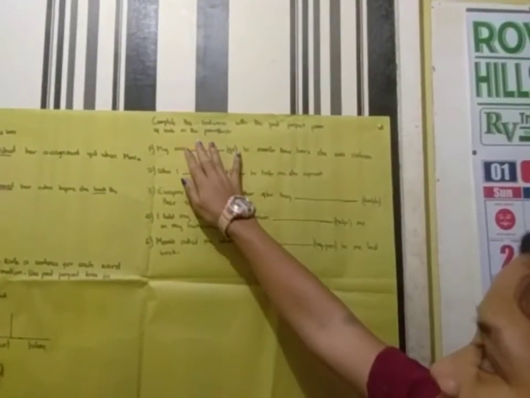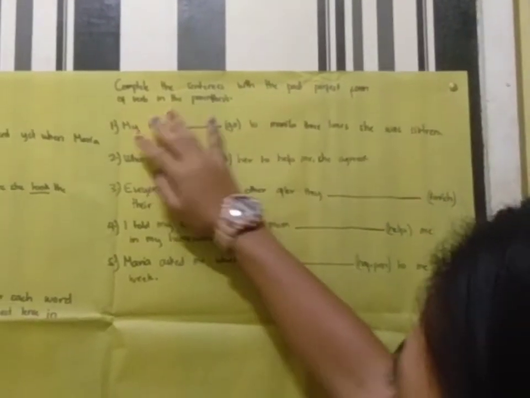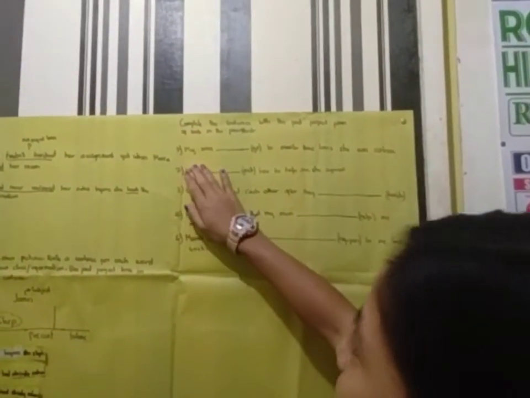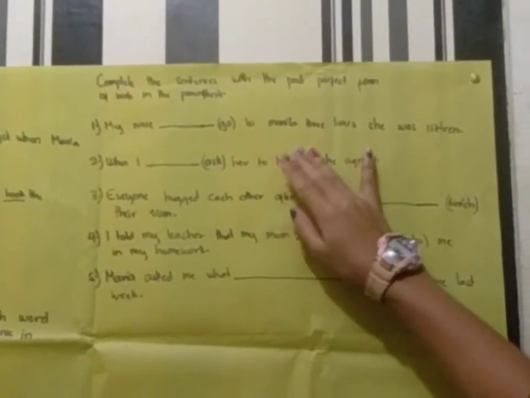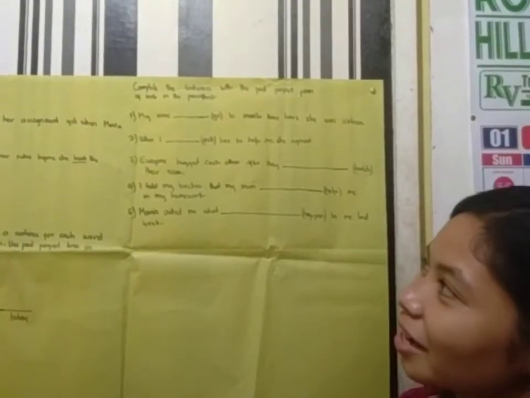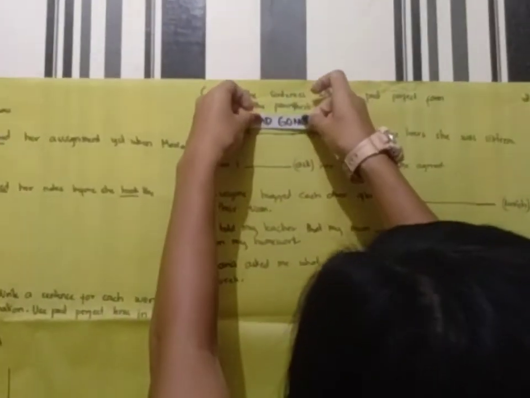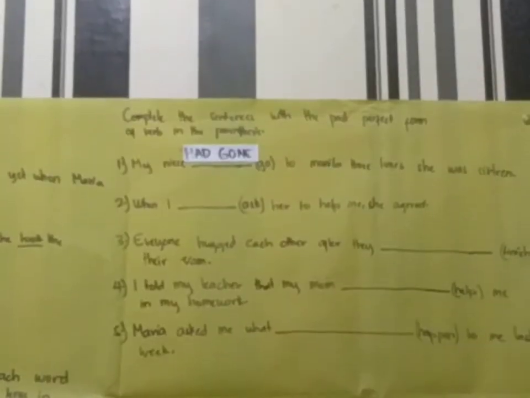So let's proceed to our last analysis. Here's the instruction: Complete the sentence with the past perfect form of the verb in the parentheses. Okay, number one: My niece blank go to Manila 3 times when she was 16. Very good. The past participle of go is gone, so we will put had gone.